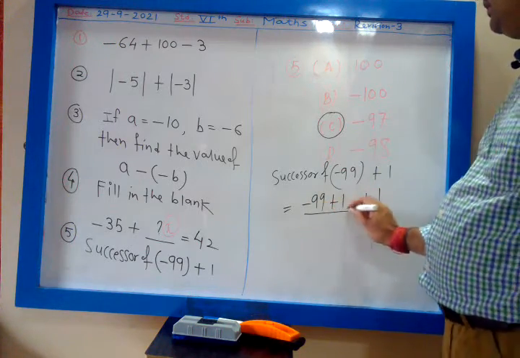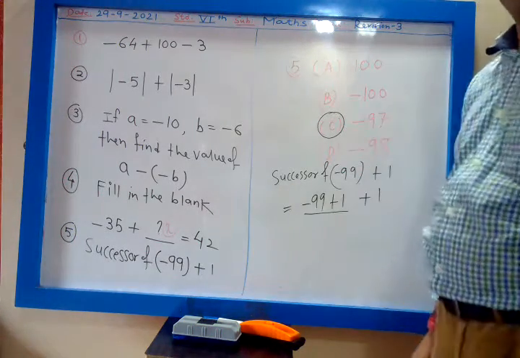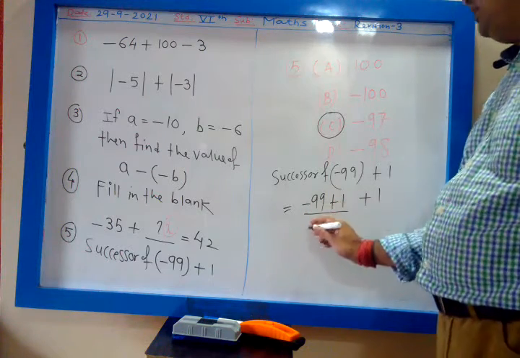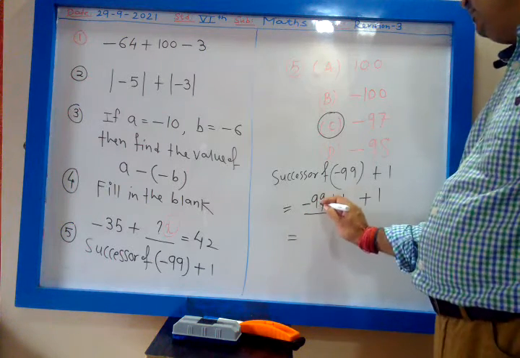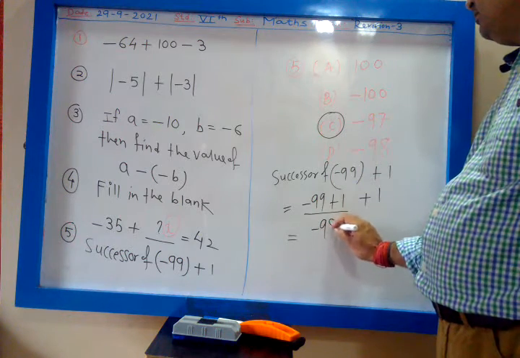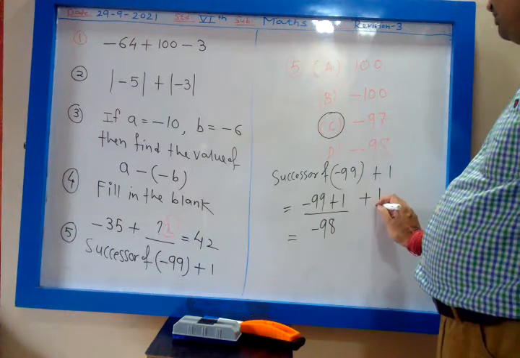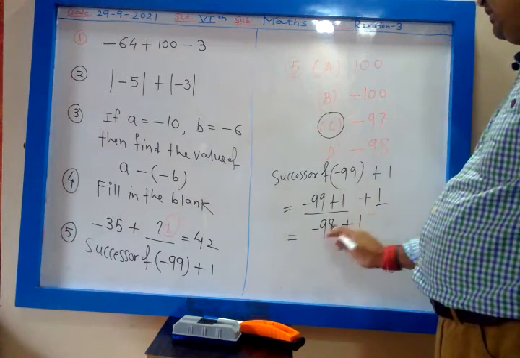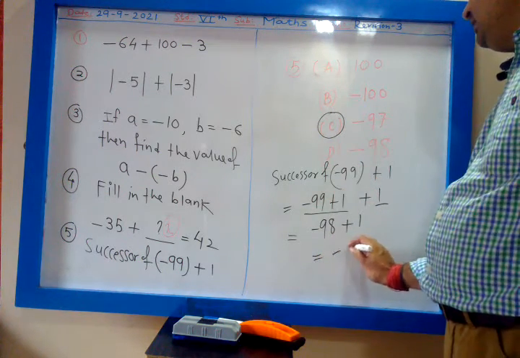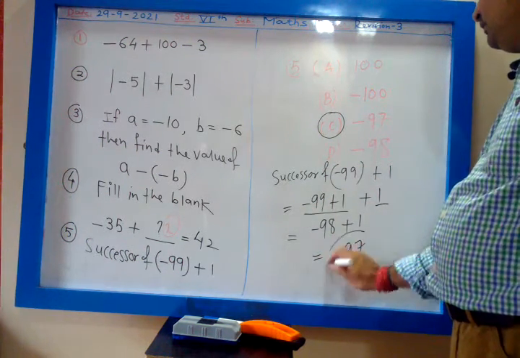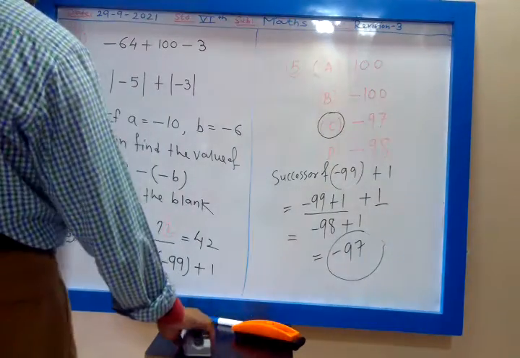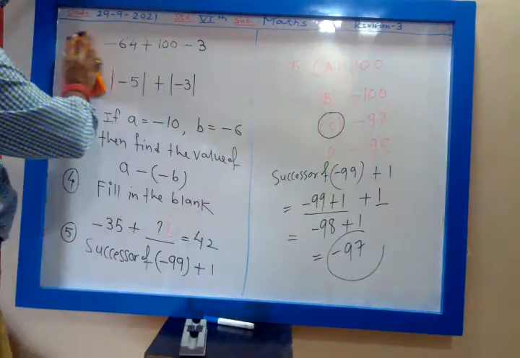How do we find this? 99 has a minus sign, so with minus and plus, opposite signs, you have to subtract. Minus 99 plus 1 will be minus 98. Minus 98, again you have plus 1. Again minus and plus, opposite signs, you have to subtract. Minus 97. So the correct answer is minus 97.